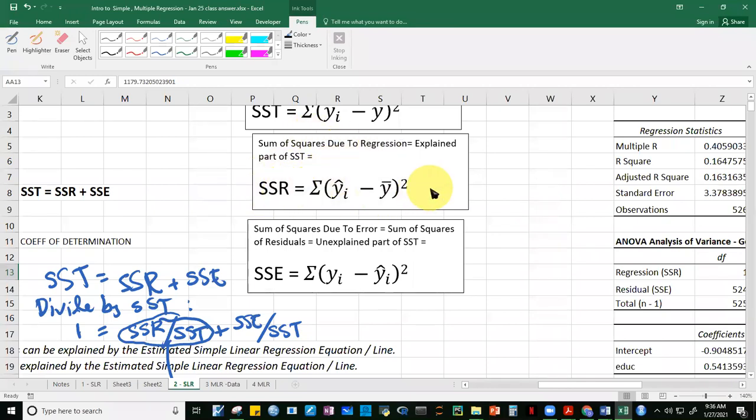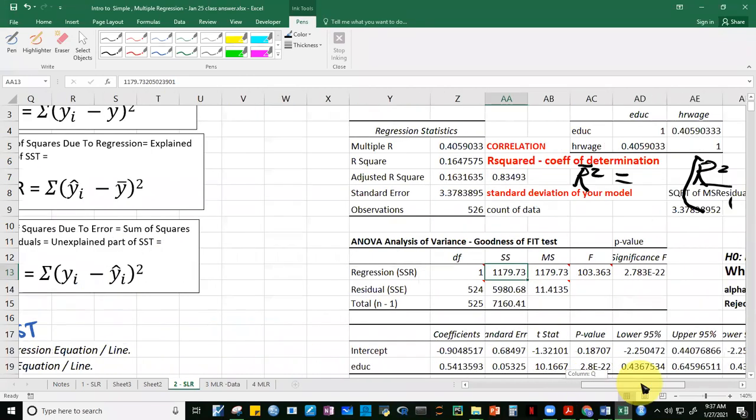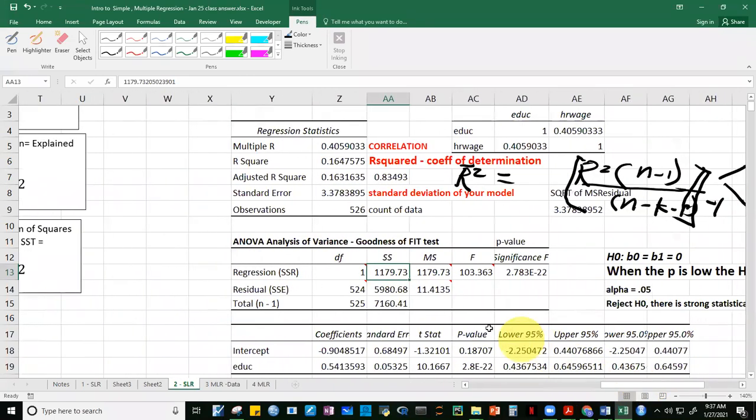Ito na ngayon, guys, ito na tinatawag natin na explained variance. No? Na-explain natin yung variance. And then yung SSE is the difference between your actual minus your predicted value squared. Sum yan, this is your unexplained variance. So we did that last time, last Monday. So SSR, SSE.